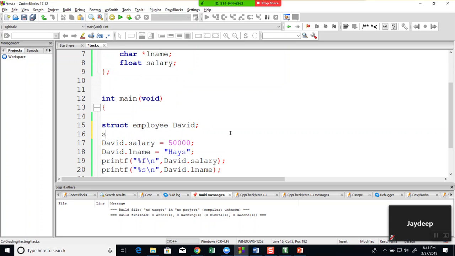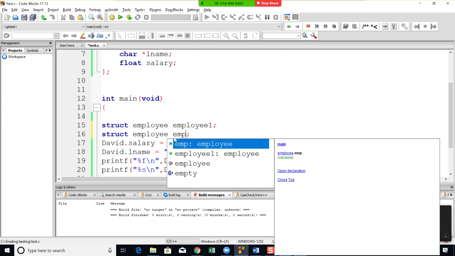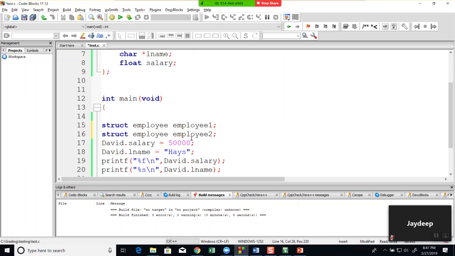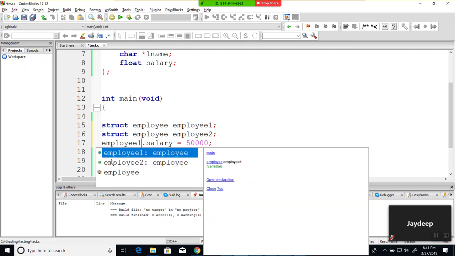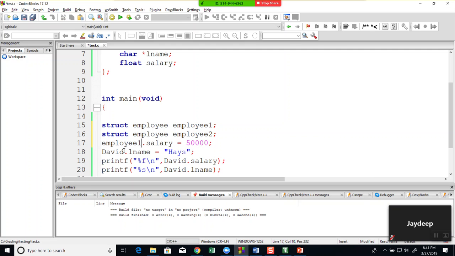So I could have another employee like Frank. Now you wouldn't actually hard code these in like this. You'd probably put employee 1, employee 2 here. Employee 1.